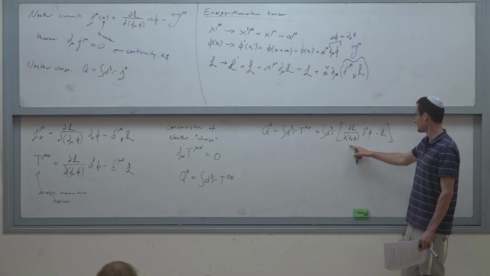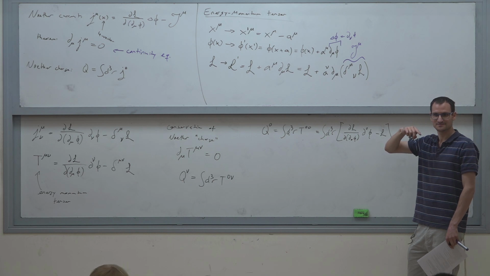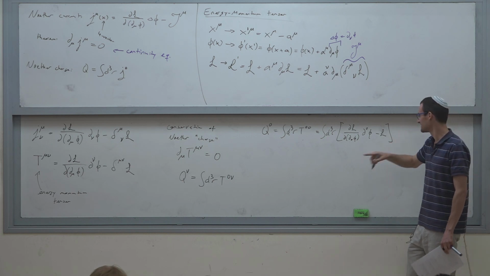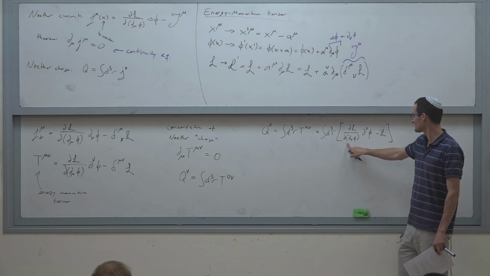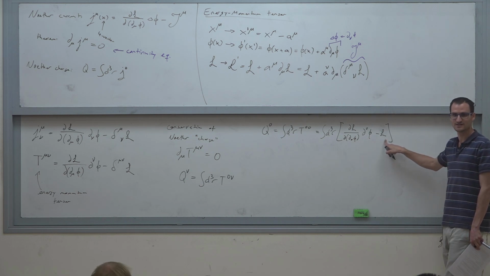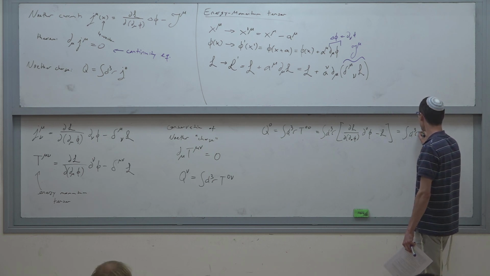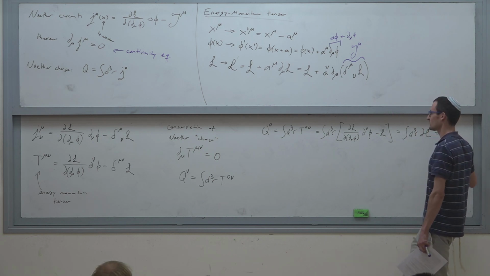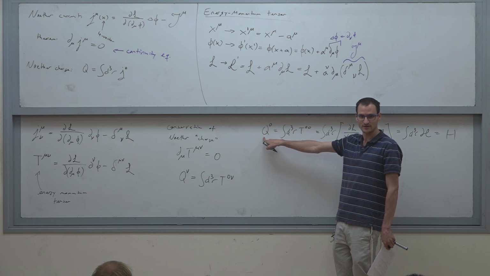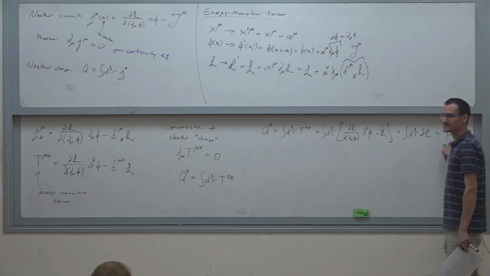So does this look familiar? It's the conjugate momentum. Remember about 60 minutes ago? Sounds like a long time, right? It's the conjugate momentum, so it's the momentum times φ dot minus the Lagrangian. That's the Hamiltonian density. This is the integral d³r of the Hamiltonian density, which equals the Hamiltonian. So Q^0, the thing that is conserved under time translation, is the Hamiltonian.